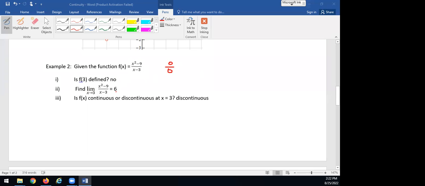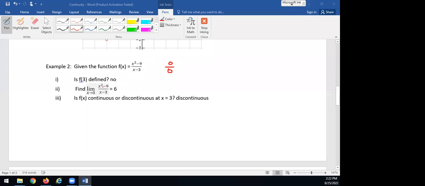How do you know that the limit is equal to 6? What did they do to evaluate the limit? You all remember that sometimes we need to do some form of factorization to cancel the denominator, right?